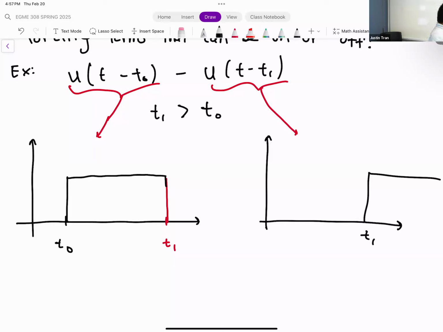By taking the difference between these two step functions, we've created what's called a square pulse. This square pulse is a signal or function that is turned on at t0, and then at t1 it is turned off. This can model something that's turned on and then turned off.